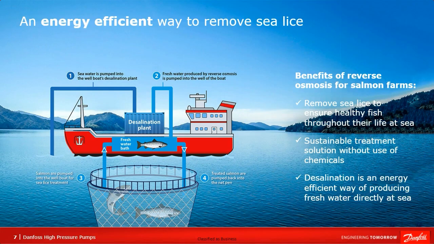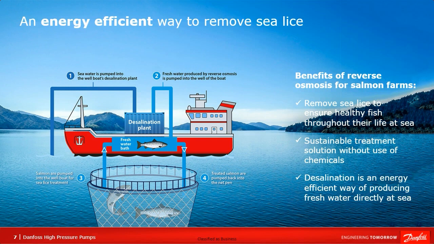By using freshwater treatment, salmon are temporarily removed from the net pens they are in out in the open water and bathed in this freshwater bath. Sea lice cannot survive in low salinity water, and therefore by getting the salmon into the freshwater bath, the sea lice will detach from the salmon.